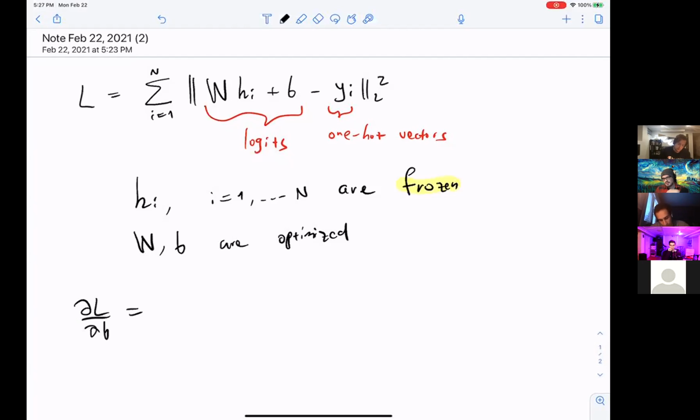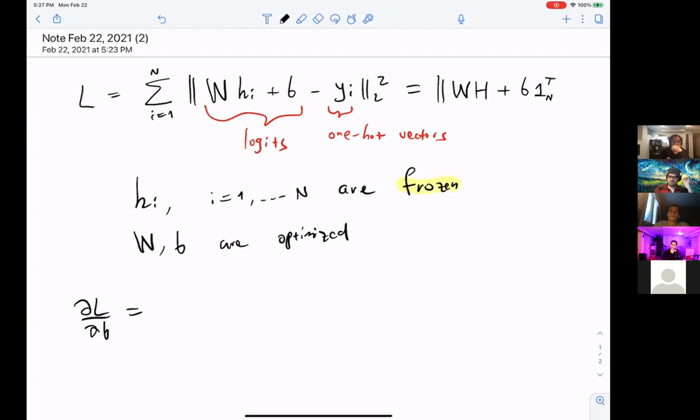Before I do that, let me introduce a better notation. Here's a simplified matrix notation that I would prefer. I'm going to write this as W times capital H, where capital H is a matrix which contains in its columns all the different features, plus b times 1_n transpose.